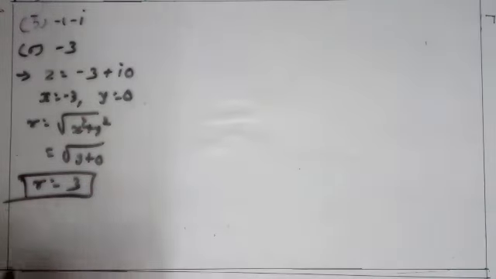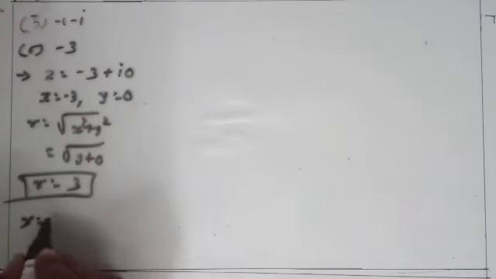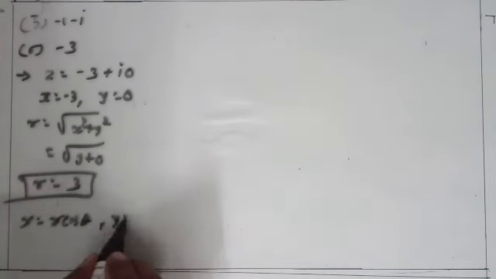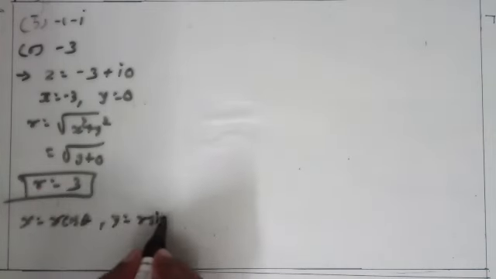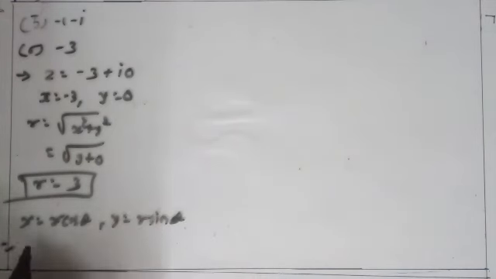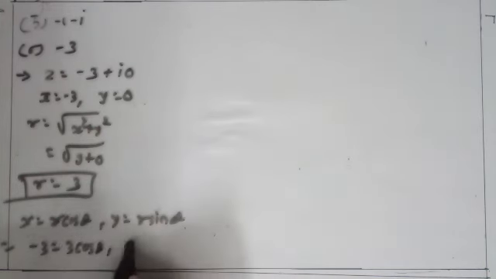Clear? Now x is equal to r cos theta, y is equal to r sin theta. Therefore x is equal to minus 3, r is equal to 3, cos theta, and y is equal to 0, r is equal to 3, sin theta.